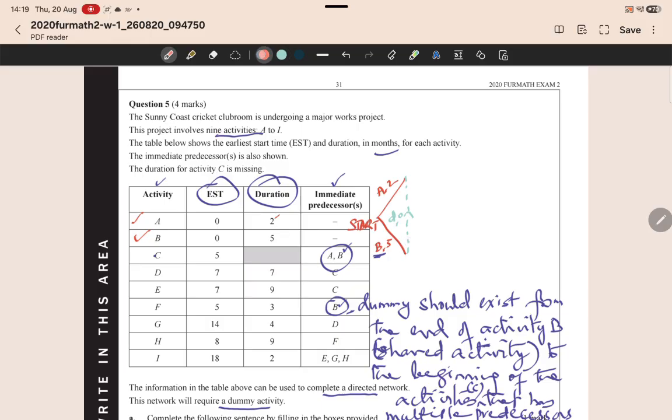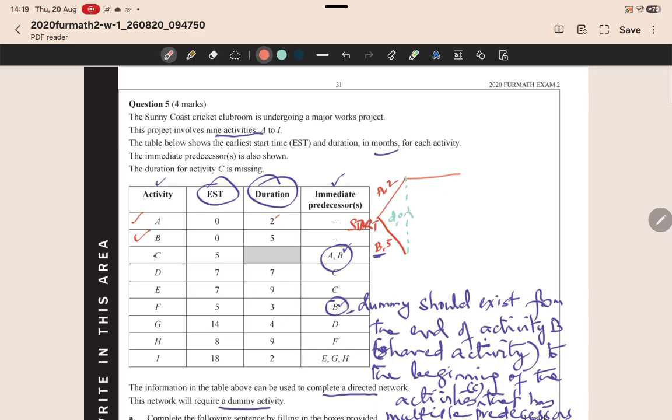And D starts from that point at the end of A. So basically we can see that C has not only A as a predecessor, but also B. The dummy connects a particular edge without making parallel edges.